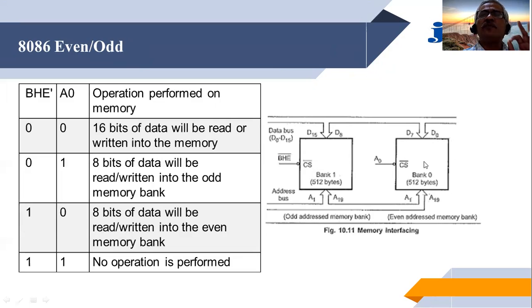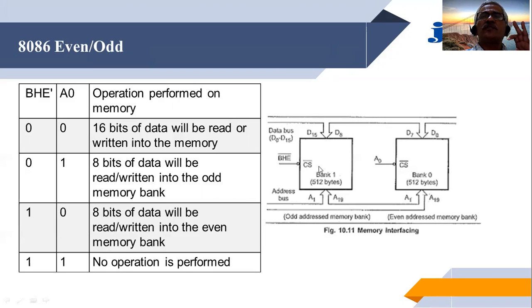If the two banks are constructed, and we know the total size is 1 megabyte, then half the memory can be at even addresses, and the other half belongs to the odd addresses. So supposing now that A0 is 0, it selects the particular chip, and when BHE is 0, it will select bank 1.